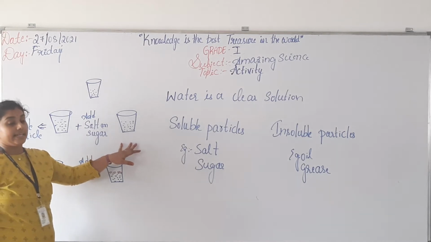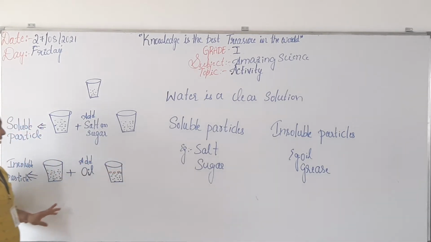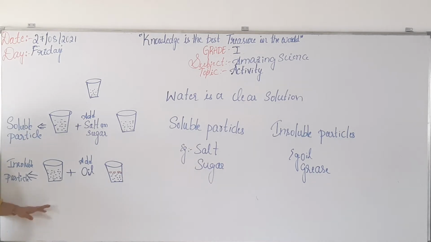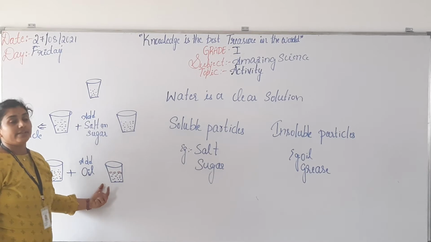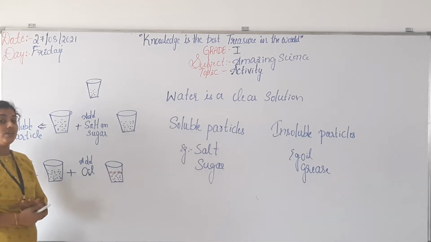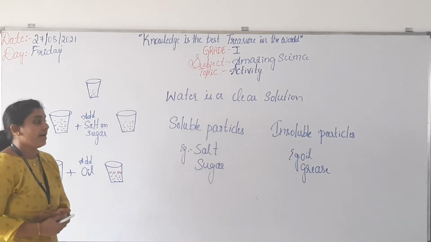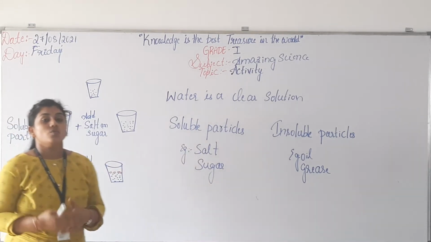Sugar will take time, but it will dissolve completely. Next, for an insoluble particle, take a glass of water. If you add oil, the oil will get separated. As I told, insoluble particles won't mix with the water.